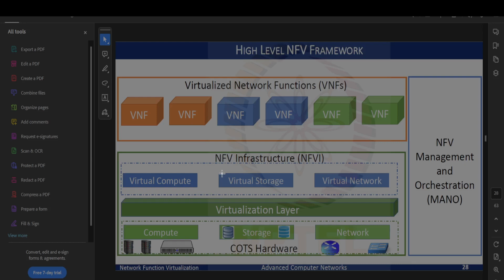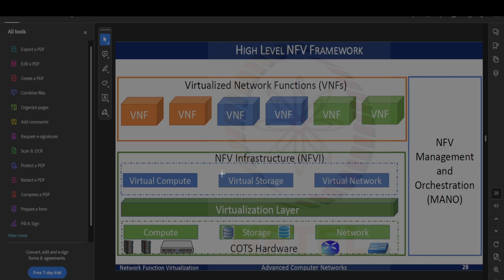So this is compute, this is storage, and this is network. This together forms what is called the Network Function Virtualization Infrastructure, NFVI. This is the infrastructure on top of which the virtualized or softwareized network functions will run.